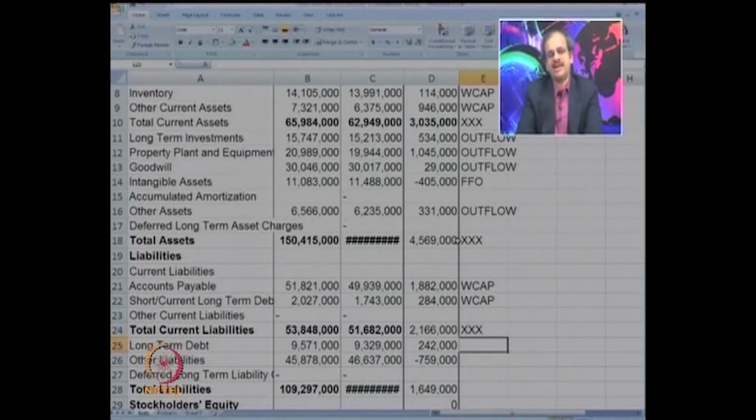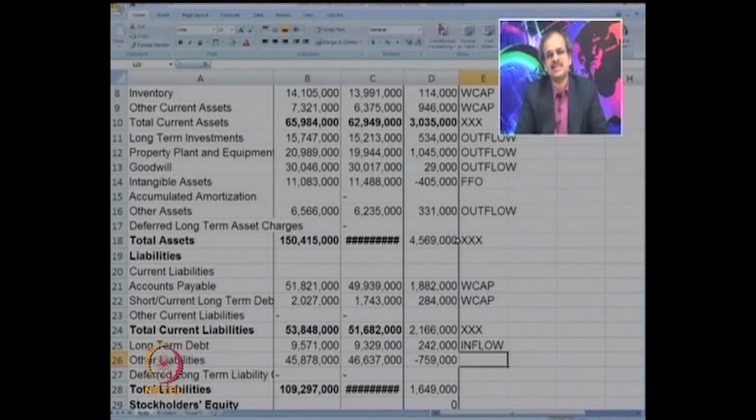Next is long term debt. You can see there is a marginal increase in the long term debt. So it should be marked as what? Inflow or outflow. There is an increase in the loan. So company has taken new loans. So it's an inflow for the company.